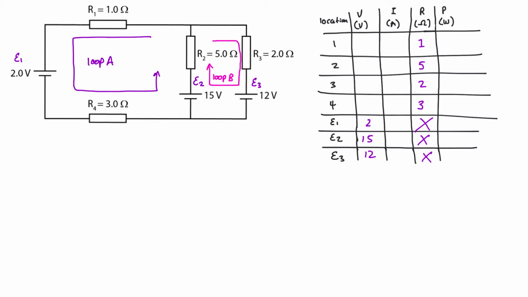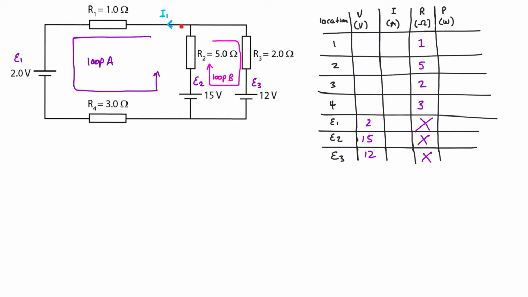I'm going to assume that current 1, or I1, is the same for resistance 1, this cell over here, and this resistor, because all of these are in the same wire, so they have the same amount of charge passing through the cross-sectional area per unit time.